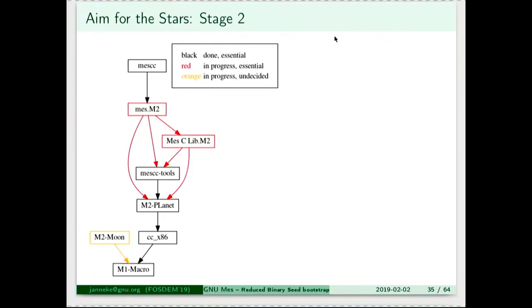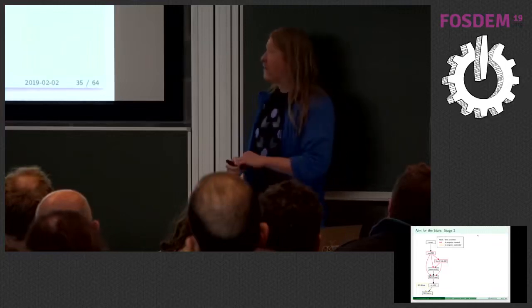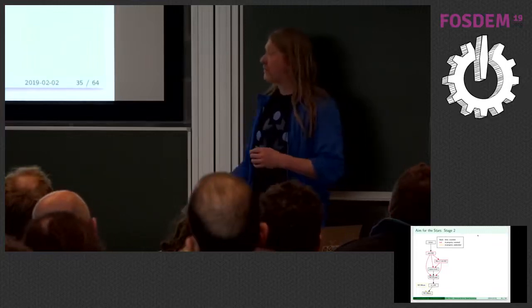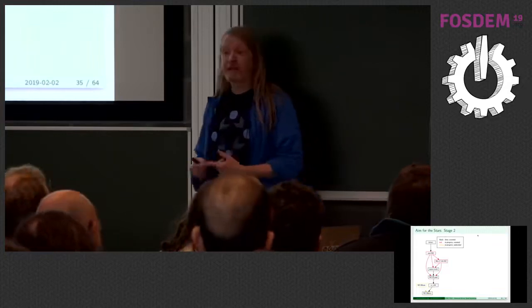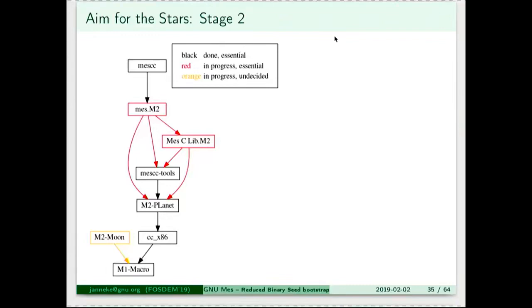It's just a lot of work, but it can be done, and we want to have a readable program because, apart from having an all-source bootstrap path, one of the key things is that it's auditable and understandable. So the red things are the stuff that is missing. We cannot bootstrap MES yet, so there's a gap.